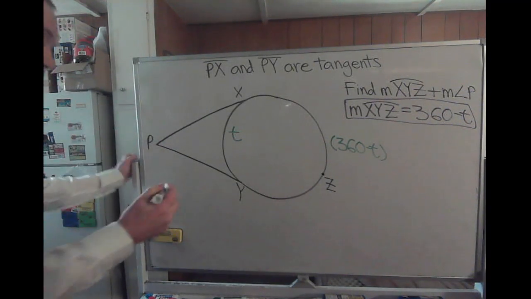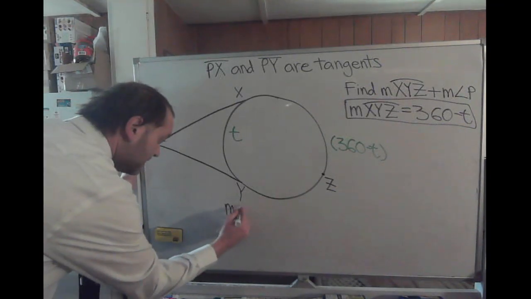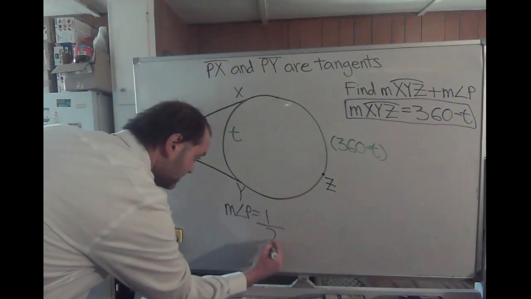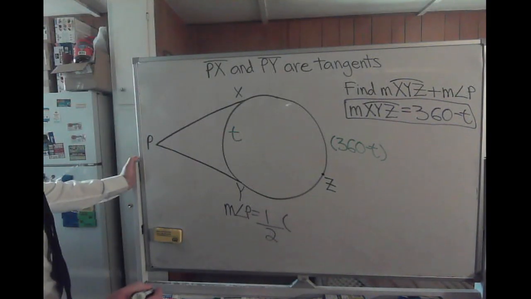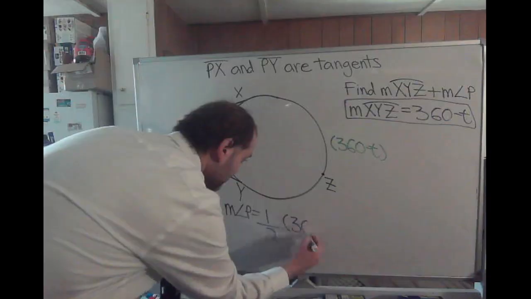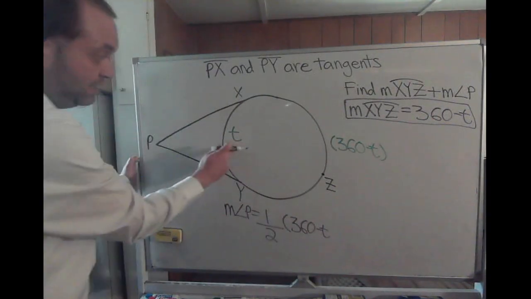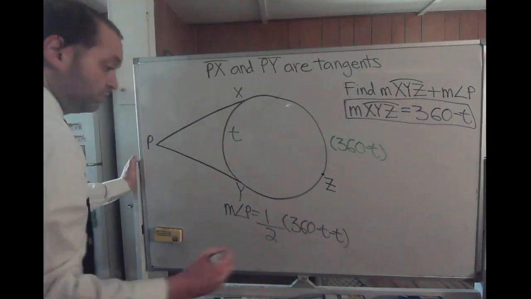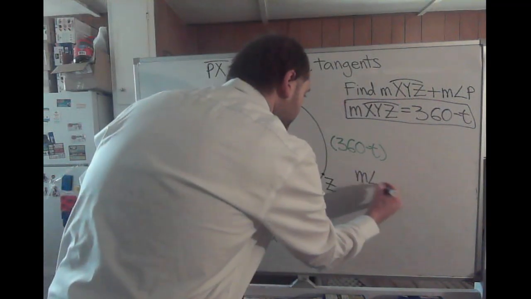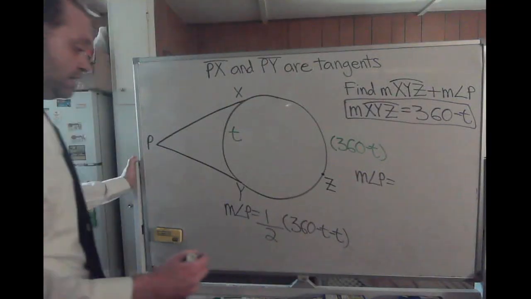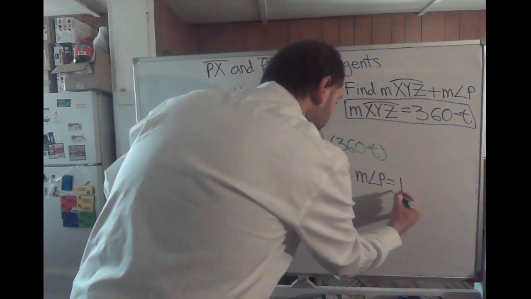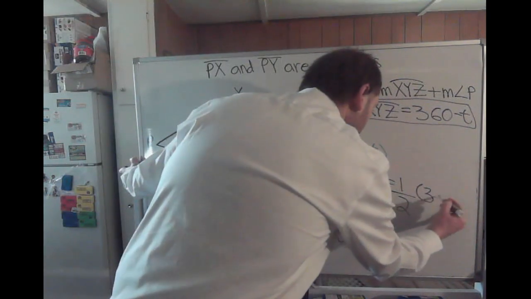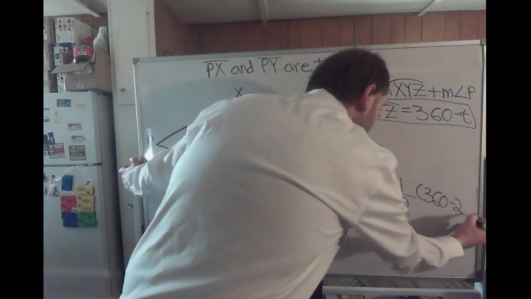If we remember, the measure of the angle formed by two tangent lines outside a circle is equal to half the difference of the two arcs. So that's going to be half of 360 minus t, minus t, which would then have to mean that the measure of angle P equals half of 360 minus 2t.